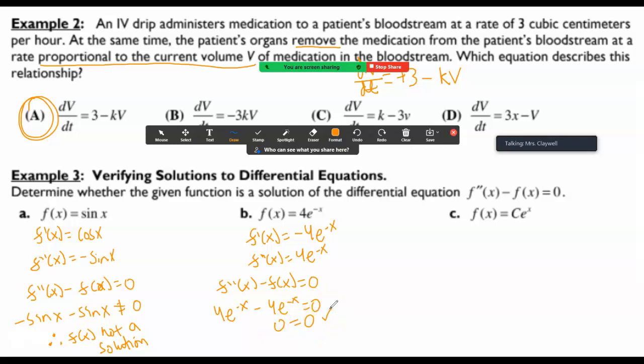So for b, this f of x is a solution. I think this one's going to be a solution as well.